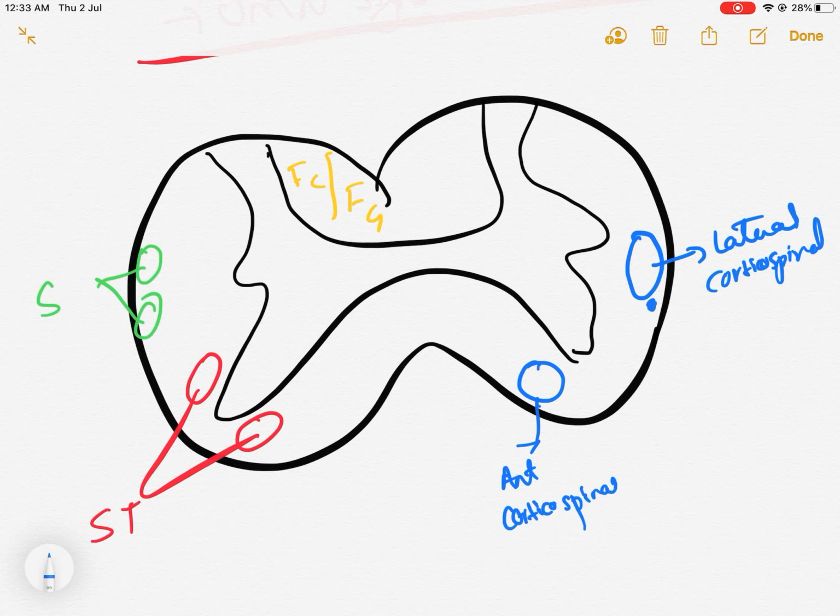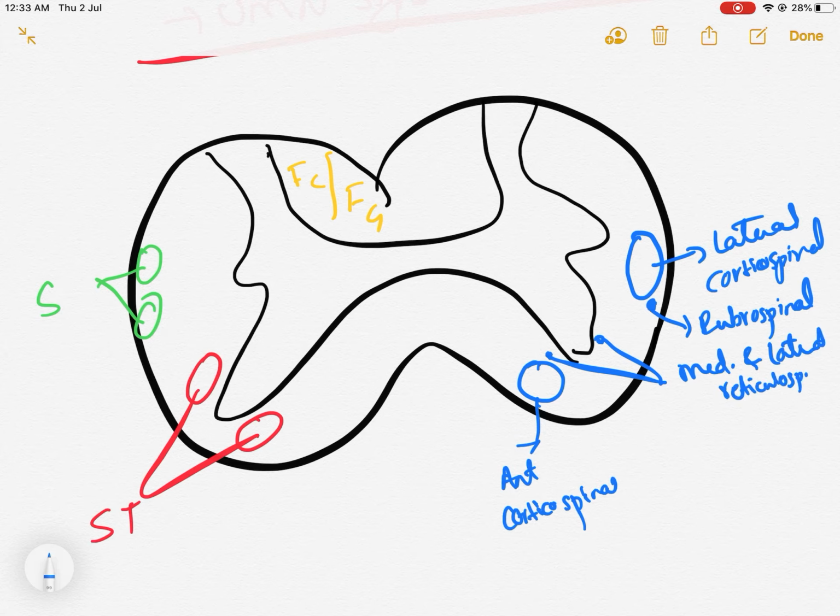Just below this is a small nucleus, that is rubrospinal. Okay. The medial and lateral reticulospinal. This is vestibulospinal.